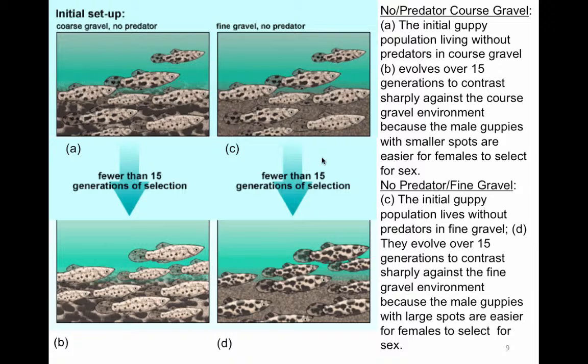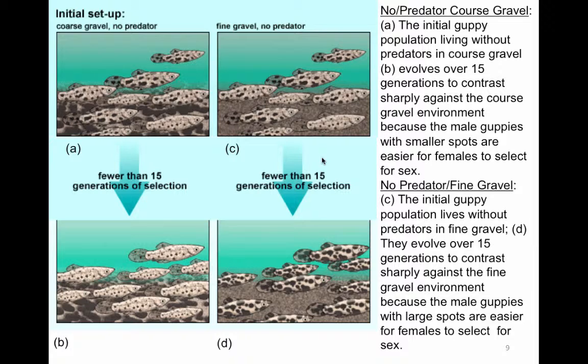Figure C depicts the initial guppy population living without predators in fine gravel. Figure D represents the same population after 15 generations of living without the predator in the dark environment.